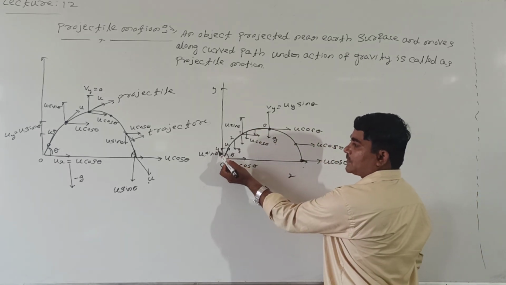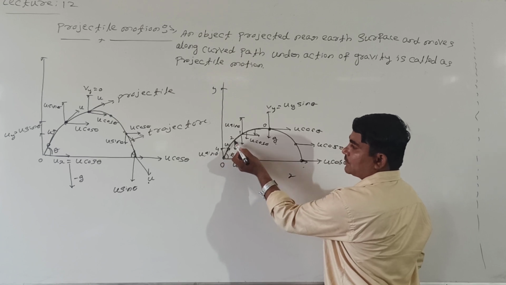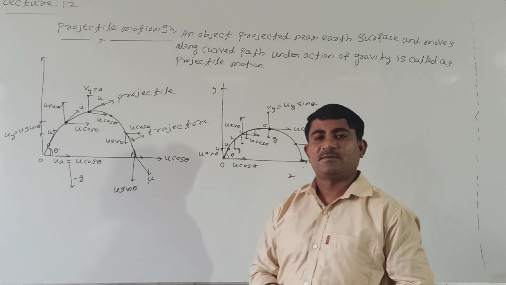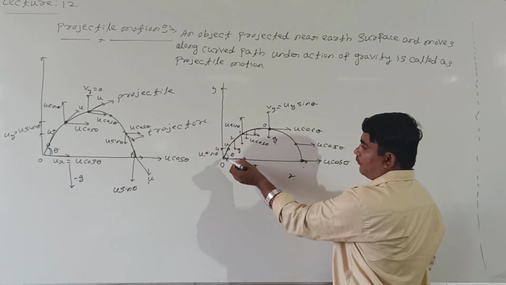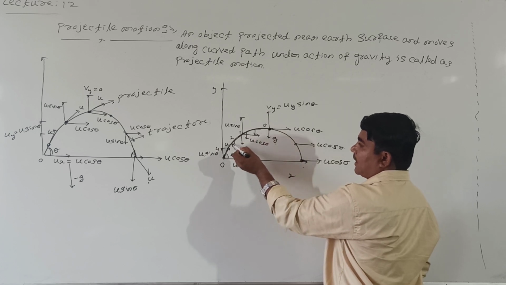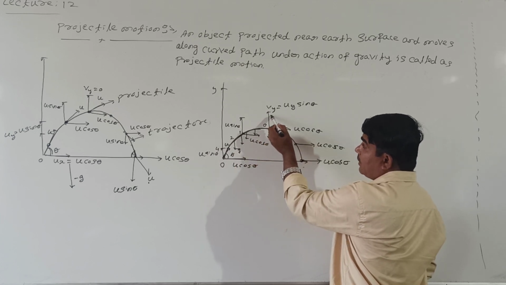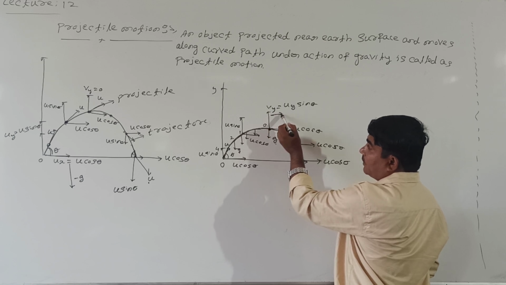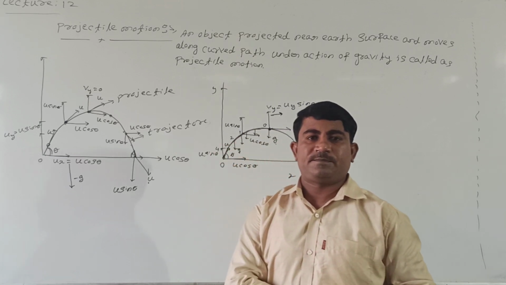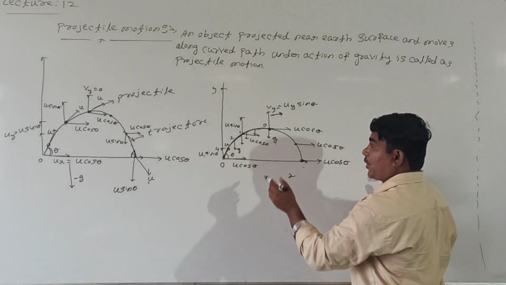Initially 4 meter per second vertical velocity was there. It becomes 2. It becomes 1. Finally at this point, this becomes 0. From the angle of projection to the highest point, vertical velocity gradually decreases, and at this point the vertical component of the velocity becomes 0.